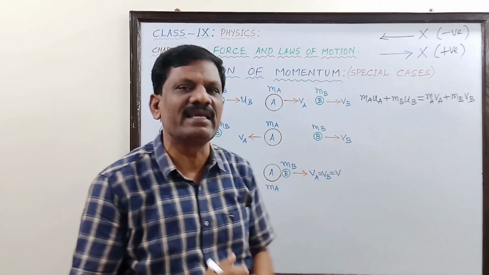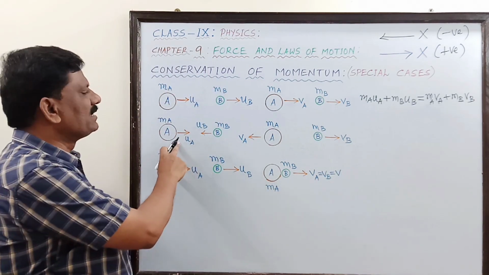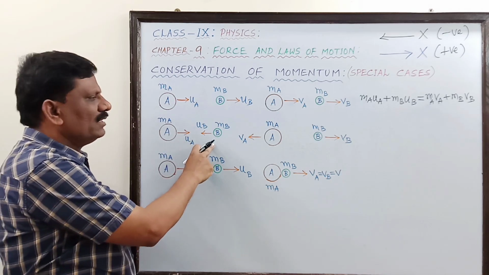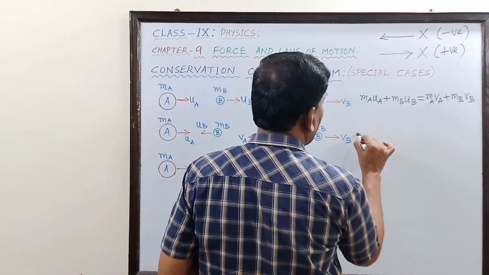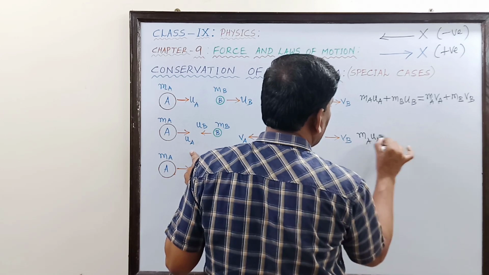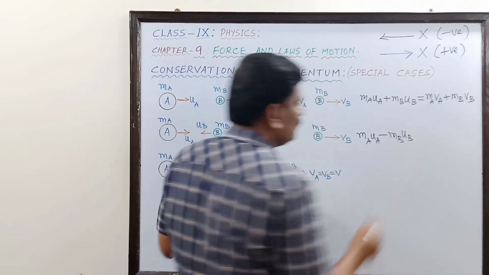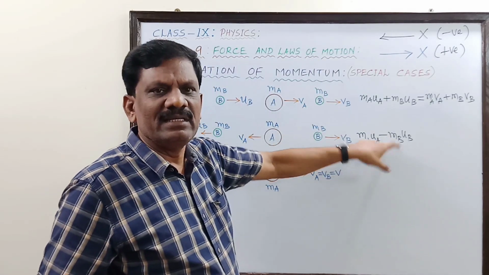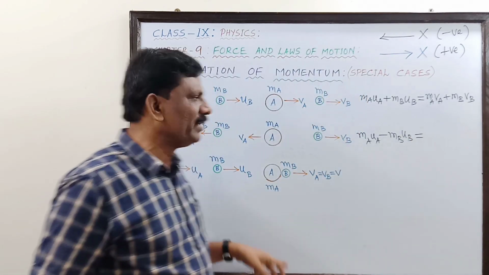In such cases, this will be helpful. The momentum of A is positive, and the initial momentum of B is negative. So the total momentum of the system before collision is MA UA minus MB UB. This minus sign indicates that the momentum of B is in the opposite direction. And this is equal to the total momentum after collision.